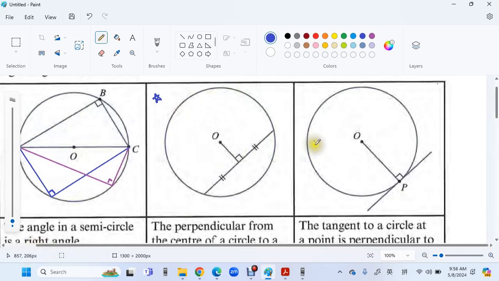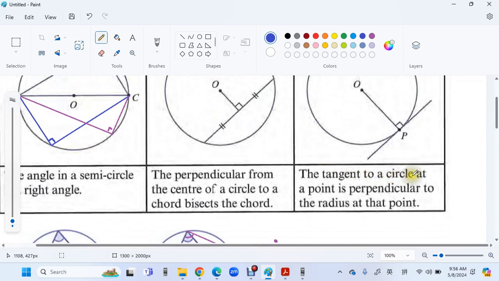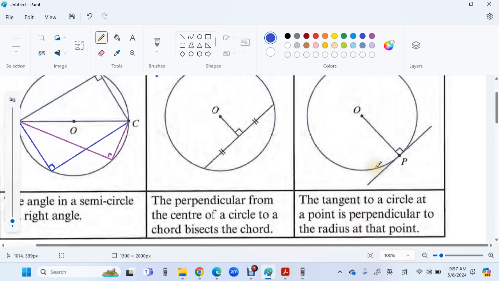And then the third one is the tangent to a circle at a point is perpendicular to the radius at the point. This is the tangent line. So the tangent line is perpendicular to the radius.